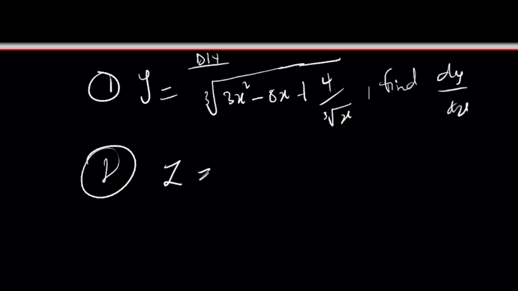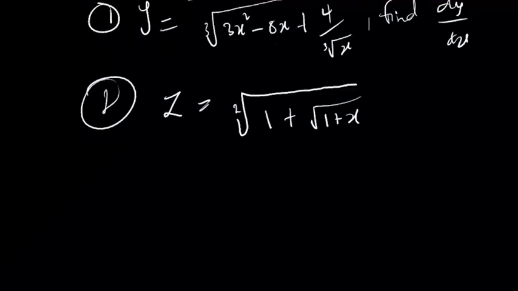And this one as well: you have 1 plus root 1 plus x. You have this, and you have this as well. So you can do it and let me know what you get in the comment section.